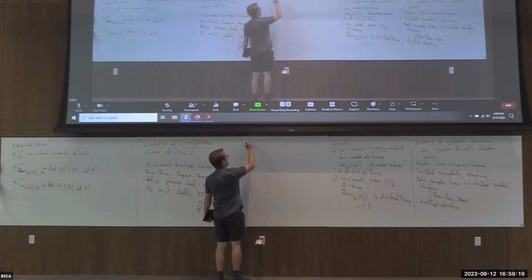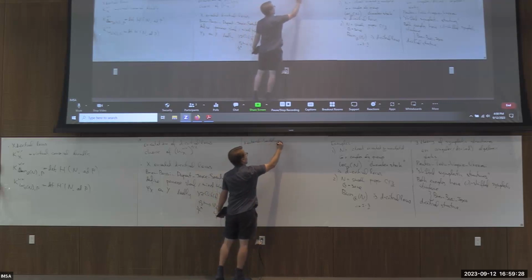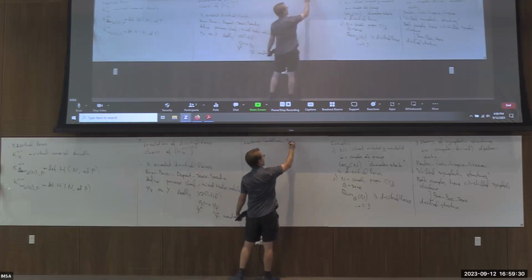So this definition essentially goes back to Kontsevich and others.